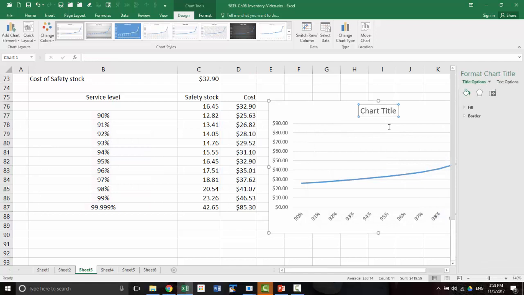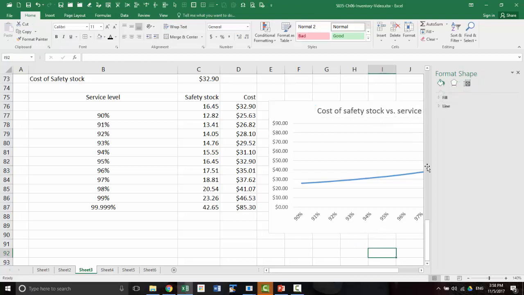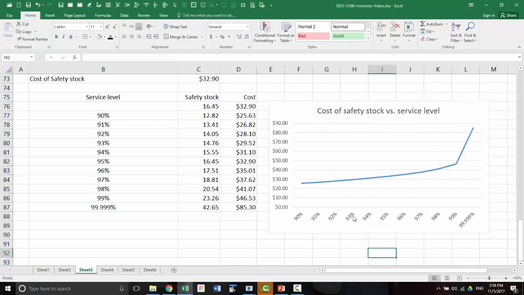So that will be cost of safety stock versus service level, right? Okay, see, as you go higher and higher, then there is a point where it becomes exponentially higher as you increase the service level.